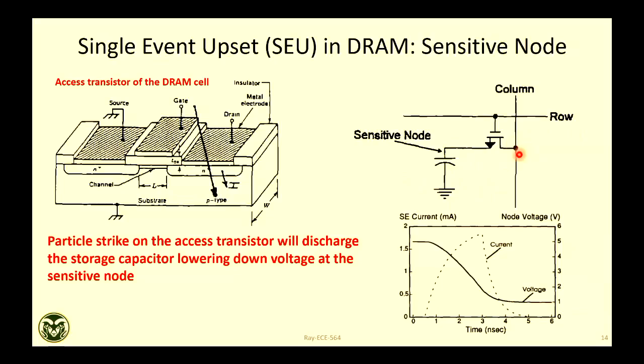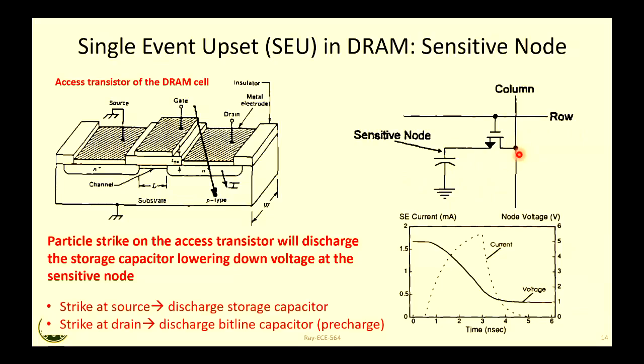But through this bit line side, it can happen. Because if you look here, a strike at the source will discharge the storage capacitor. But a strike at the drain will discharge this bit line precharge voltage. Suppose you are sensing, and just before sensing, a strike happens. Then there can be an error. So this is much less likely than 1 to 0. 0 to 1 is not because of the capacitor getting charged.